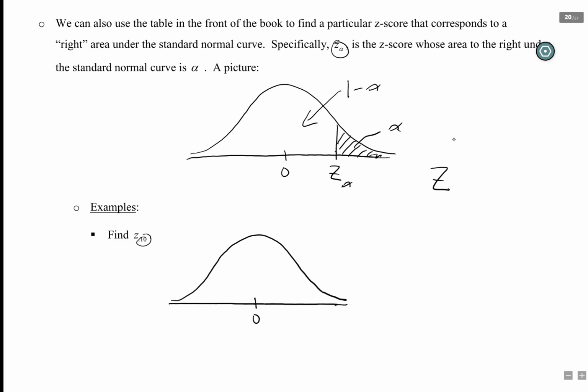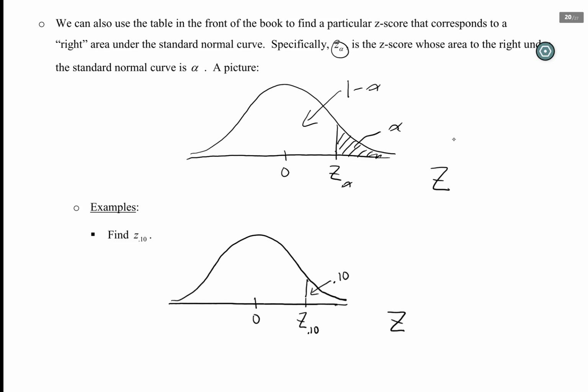So I know I'm going to be out in the right tail of this distribution. This is a particular z value. The area under the curve to the right is 0.10. So if I want to use the table in the front of the book, I need to use it in an inverse way.